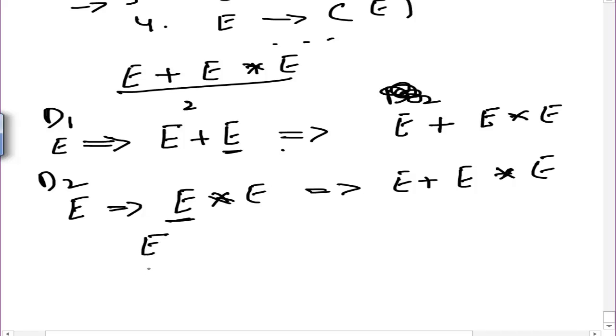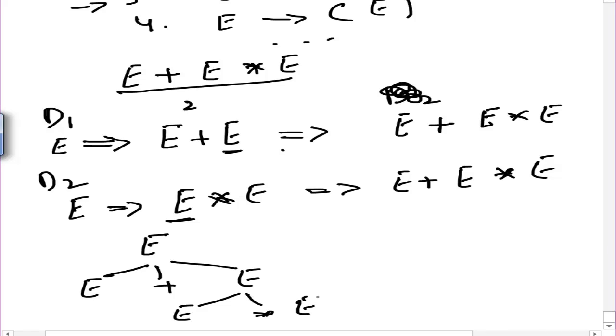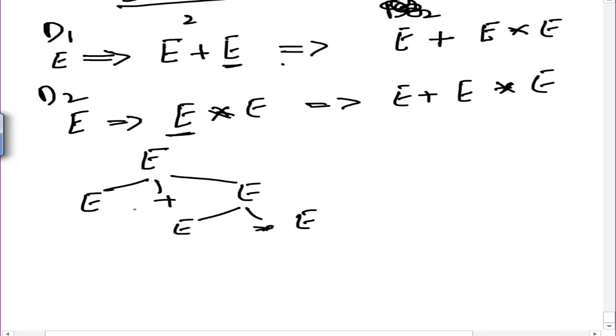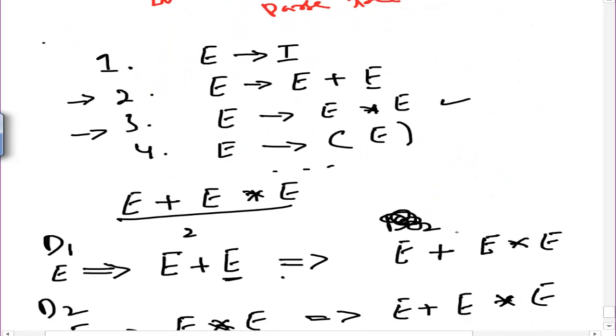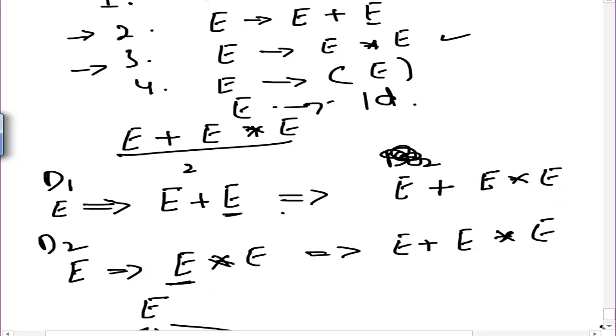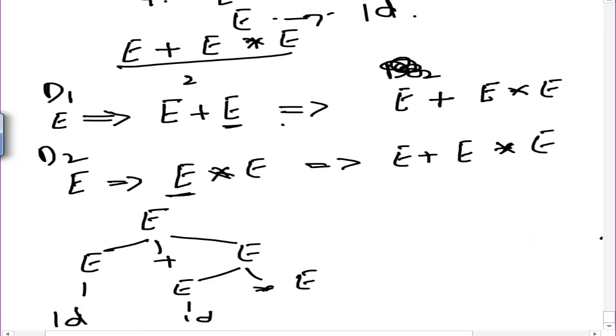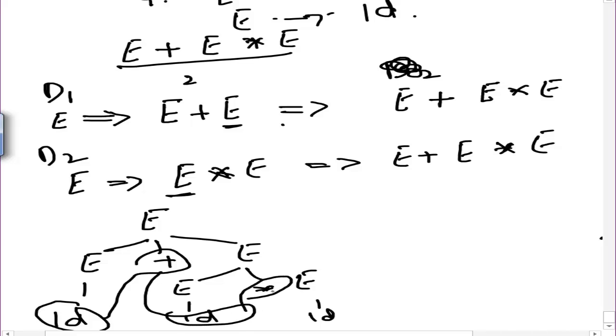Firstly the E, then I use E plus E, then I derive from this E, E times E. If I convert them into IDs later on, using E goes to ID, and whether I use leftmost or rightmost, I will get this ID, then plus, then this ID, then multiply, and then this ID.